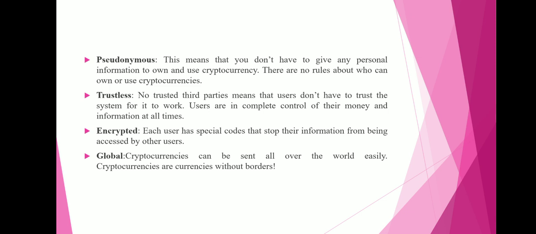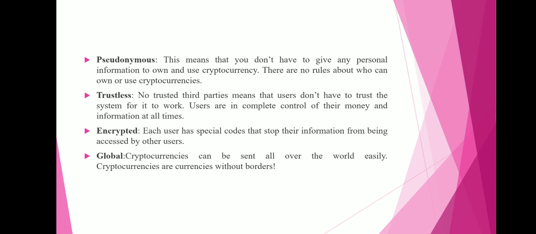There are no rules about who can own or use cryptocurrencies. Bitcoin is a public blockchain, so anyone can join the network, purchase Bitcoins and perform transactions, and user details should not be revealed. That is called user anonymity, and also untraceability. Cryptocurrencies provide services like unlinkability, untraceability, and anonymity. This is very important.